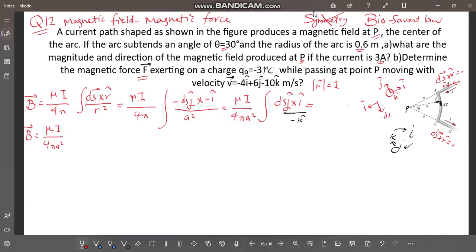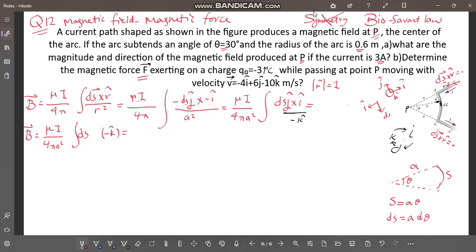Mu 0 I over 4 pi a squared, integral of ds minus k hat. What is ds? From your geometry, we know that if we have one arc, the length of arc is s, the opposite angle is theta, and the radius is a. We can say s equals a theta, because a is constant. ds is a d theta.